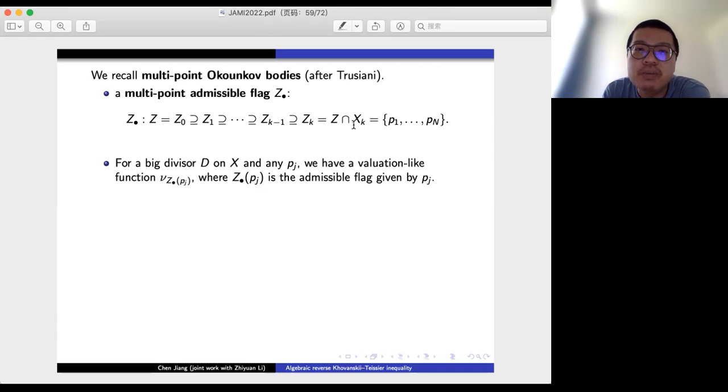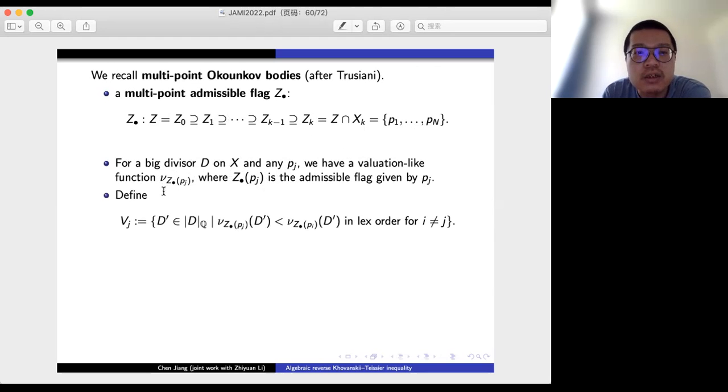And then each p_j gives us a valuation-like function. Then we take the subset V_G in the Q-linear system to be all the D prime on which the nu Z_0^{p_j} is the smallest one.